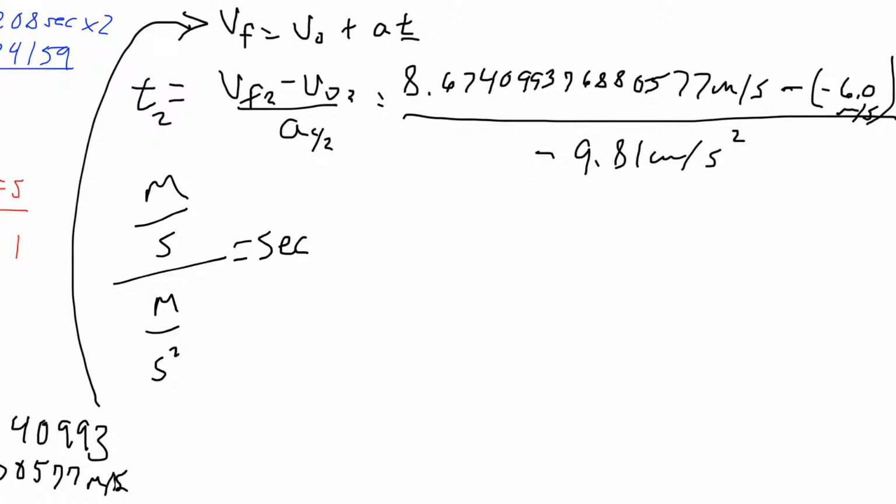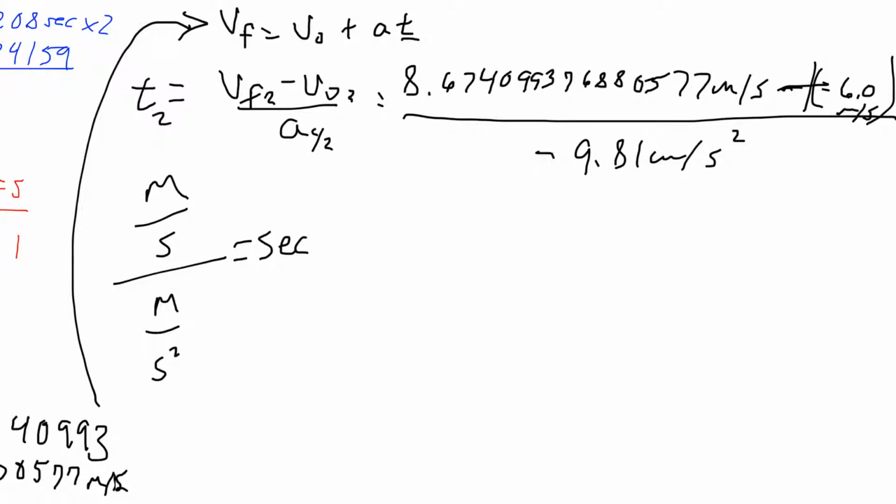Now, one thing that you will notice is that we've got a positive number on top and a negative number on bottom, which is going to give us a negative time, and there's no such thing as negative time. But we're going to ignore the negative sign. Remember, these negatives here are only there because of direction. They're not actual mathematical negative signs.